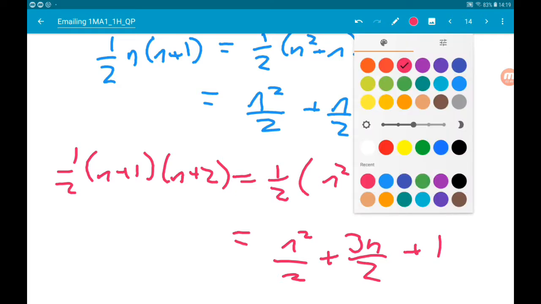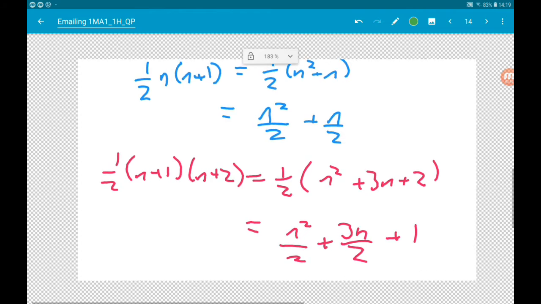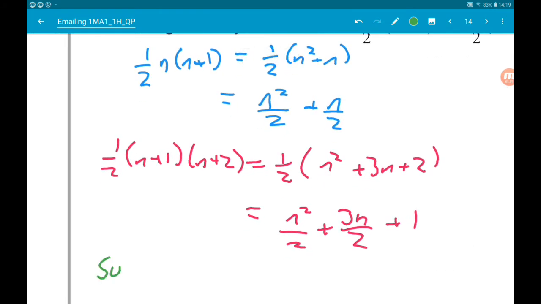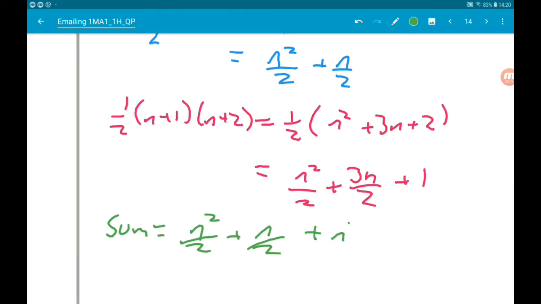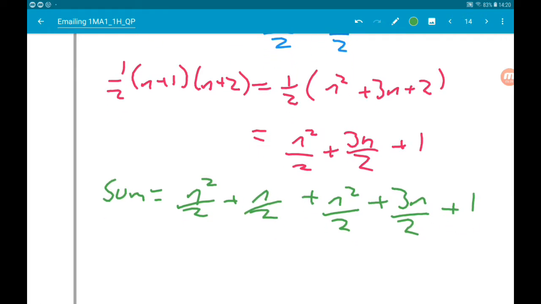So then the sum is n squared over 2 add n over 2, add n squared over 2, add 3n over 2, add 1. Okay, now we have n squared over 2 add n squared over 2.